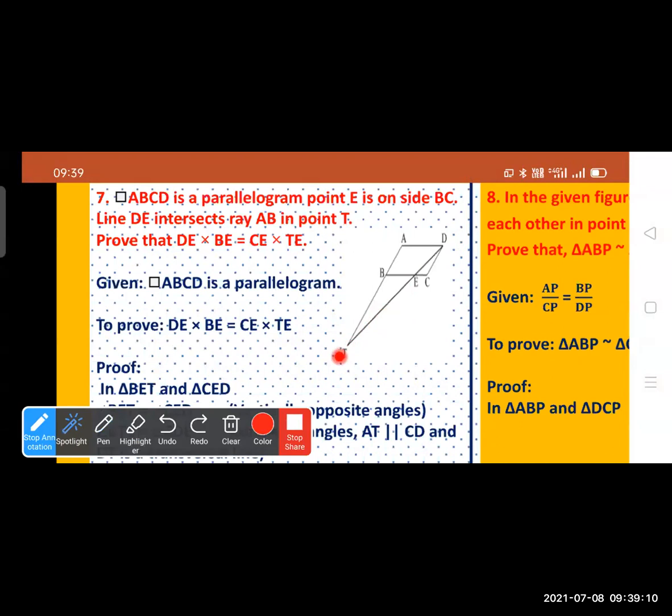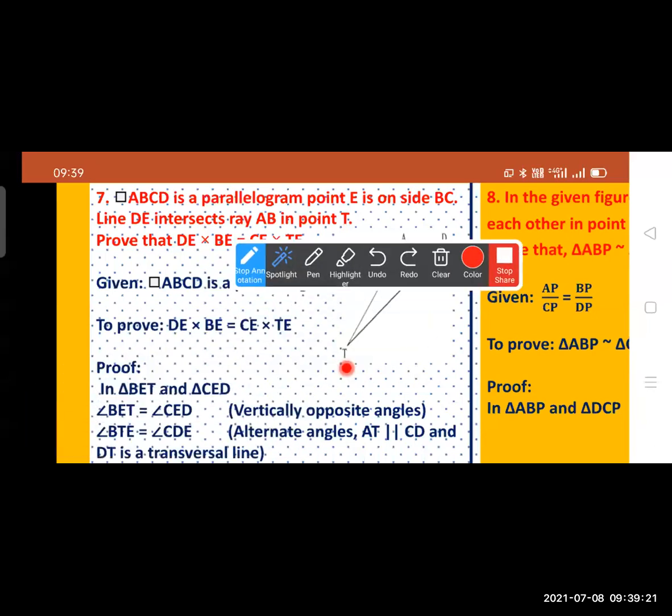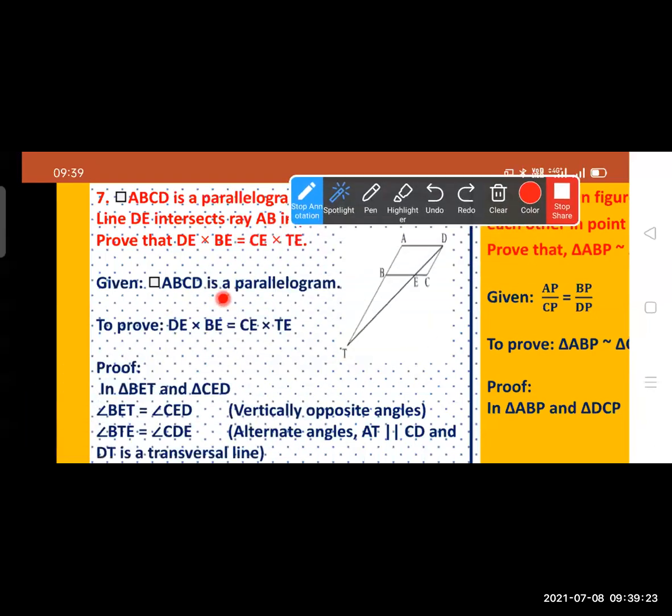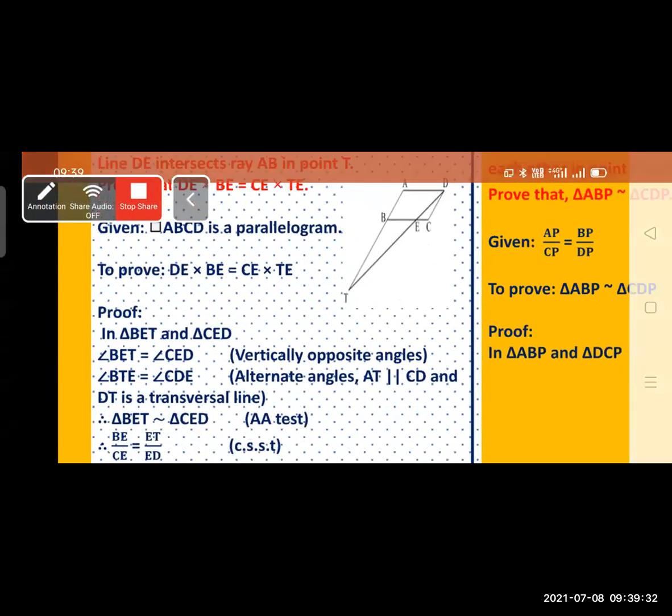Okay. Now you have to prove that DE into BE is equal to CE into TE. ये आपको proof करना है. So first we write the given condition. ABCD is a parallelogram and we have to prove this. Here we take two triangles.